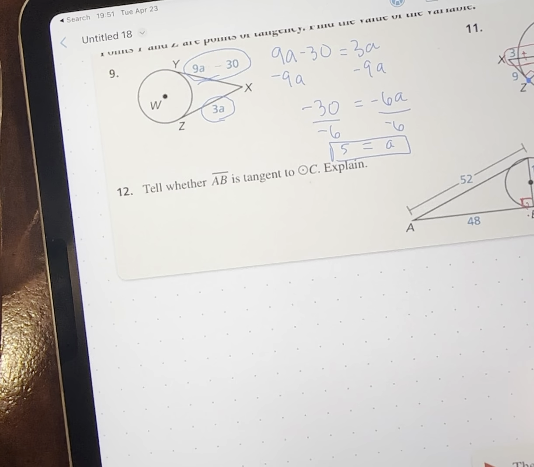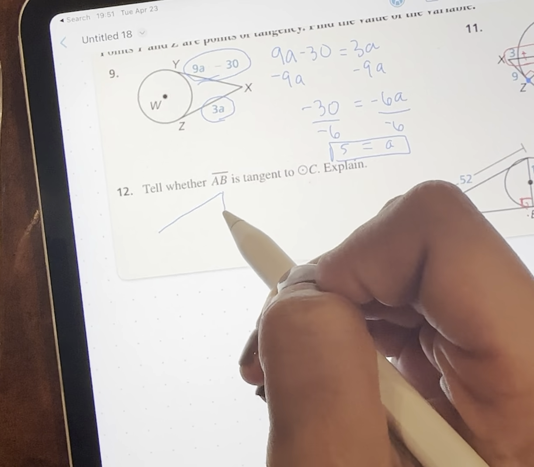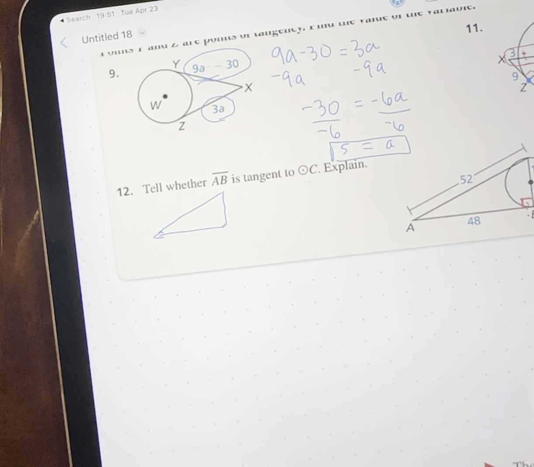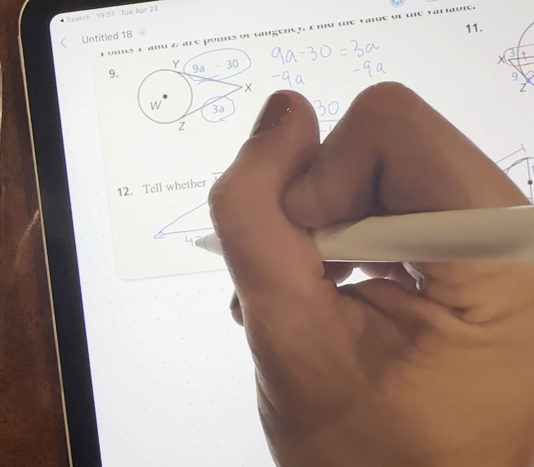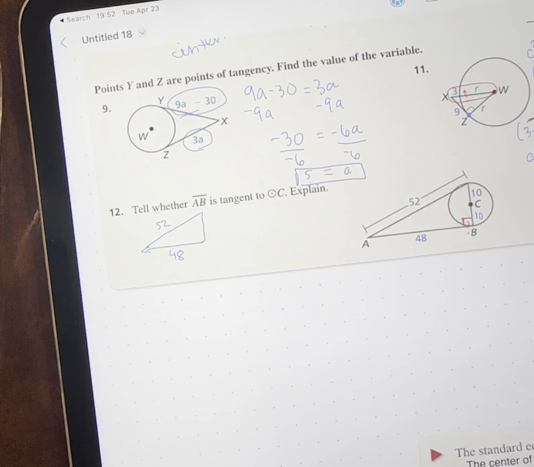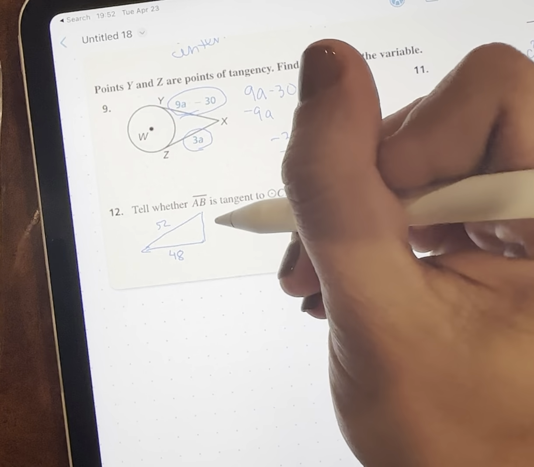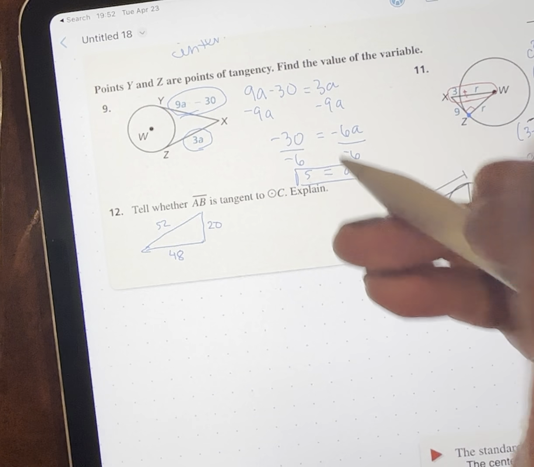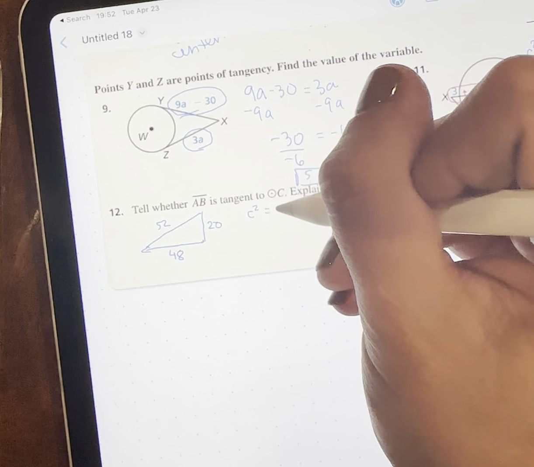We've got ourselves a right triangle, possibly. We've got a triangle that we have to test to see if it's right, where this side is 48, that side is 52, and then this side here is 10 plus 10, so this is 20. So if this is right, then our good old pal Pythagorean theorem should work.